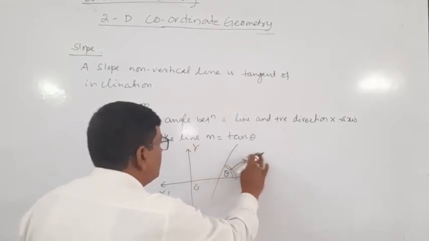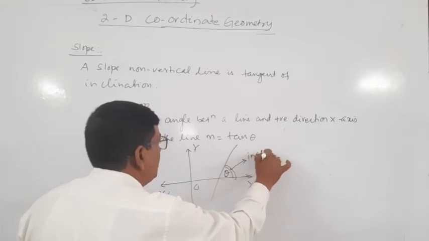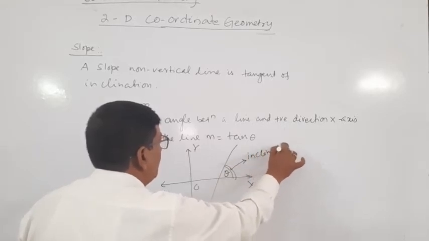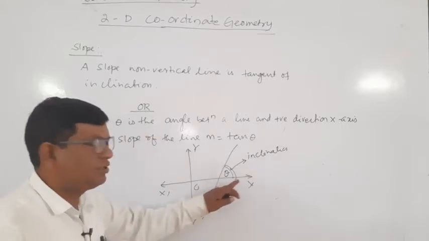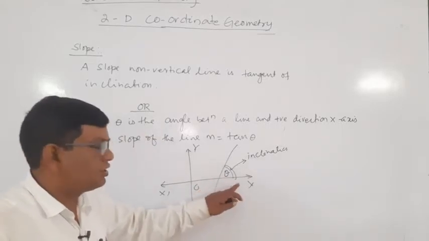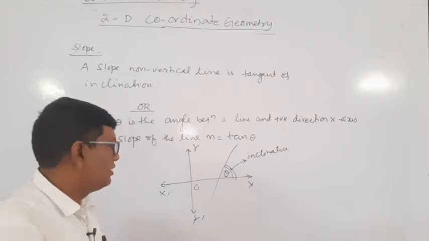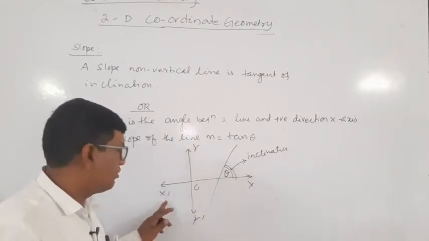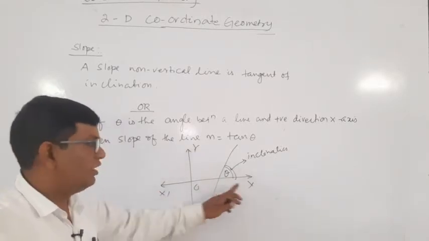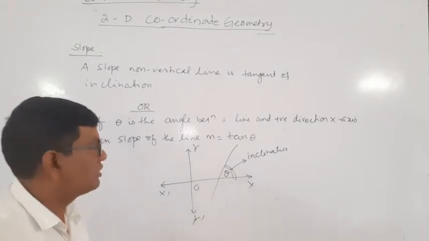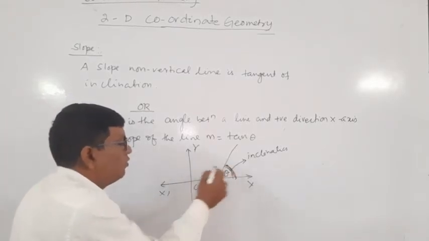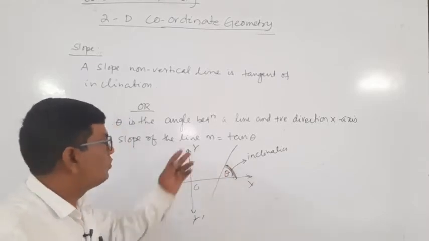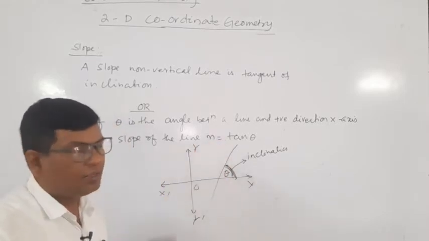It is called the positive direction because it is measured from the positive part of the x-axis. X' means the negative part of the x-axis, X means the positive part. So this angle is considered for finding the slope of the line, that is m equals tan theta.